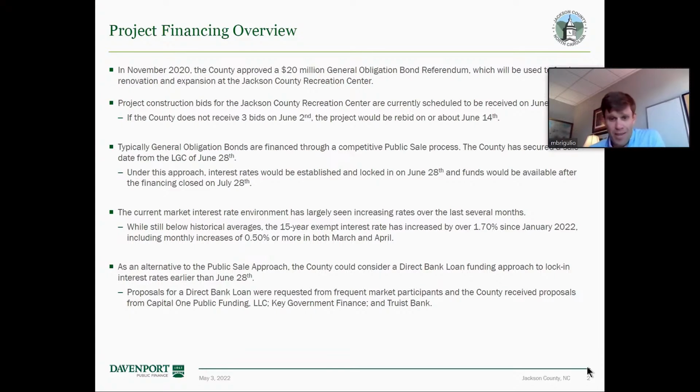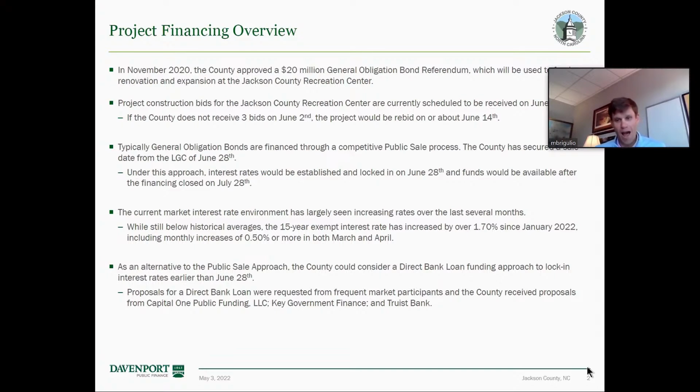And like Don said, one of the impetuses of this conversation is what we've seen in the interest rate environment. This calendar year, interest rates are up a little over 1.7% since January for 15-year interest rates.